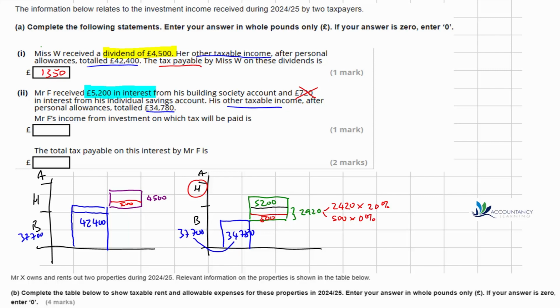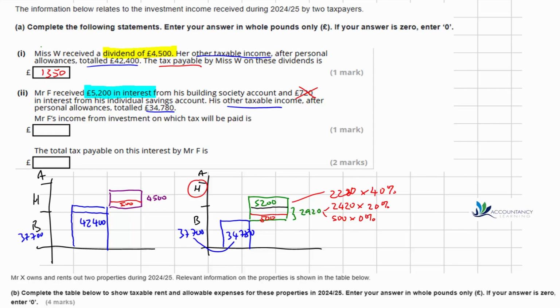And therefore, of the 5,200 total income from our investments, we have 2,280, which will be taxed at the higher rate.